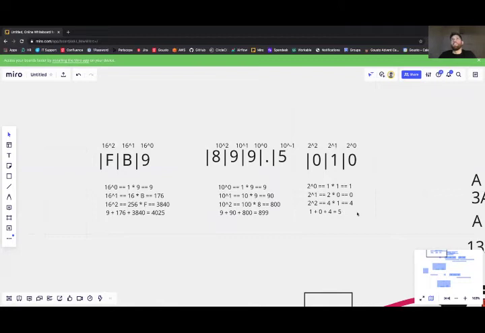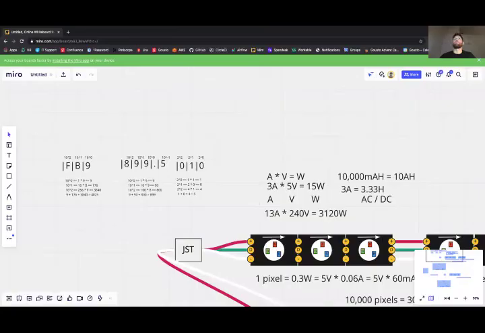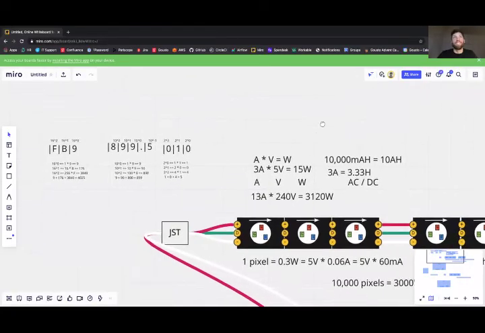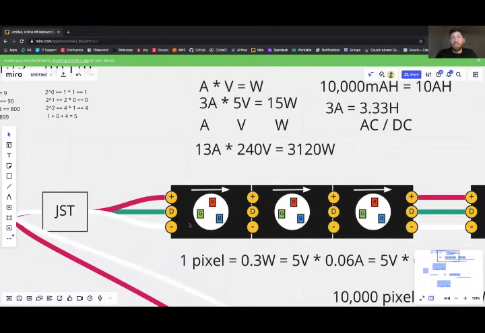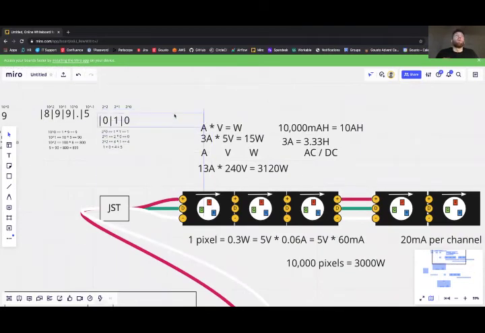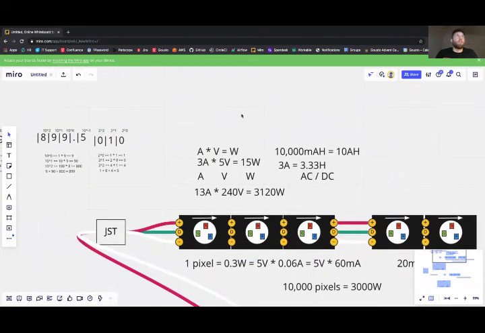So let's dig into why this digital signal is relevant. All right, let's do even more math. So what is the digital signal content that actually gets received by each of the chips at each of these addressable pixels? Well, it turns out it is a string of binary numbers.